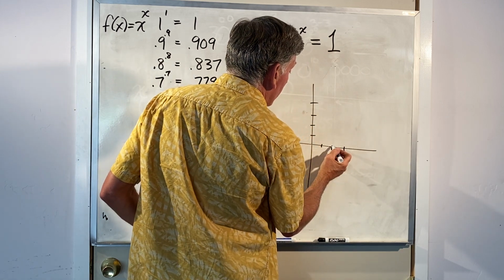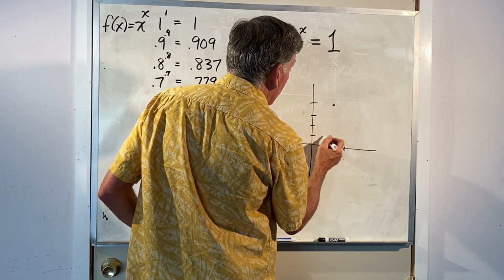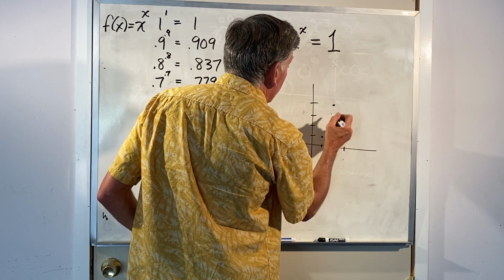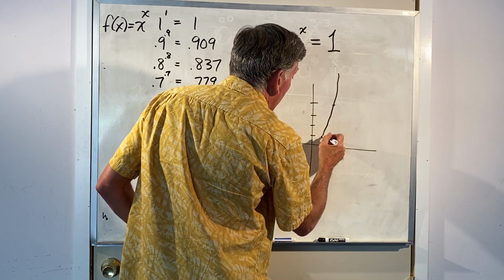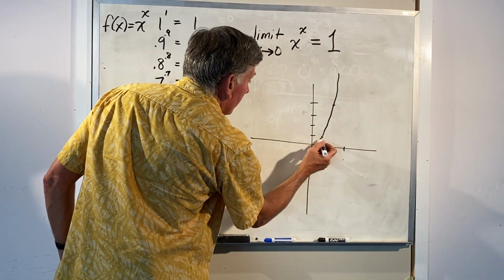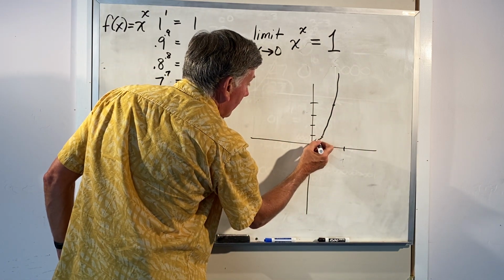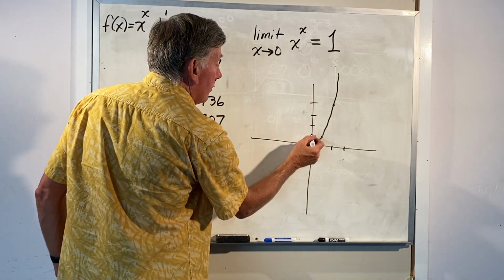In fact, if you graph this thing, 2 to the second power is going to be 4. 1 to the first power is going to be 1. It just kind of does this, and then all of a sudden it goes like we saw here. It starts curving, but then around here it comes back and hits this point right here.